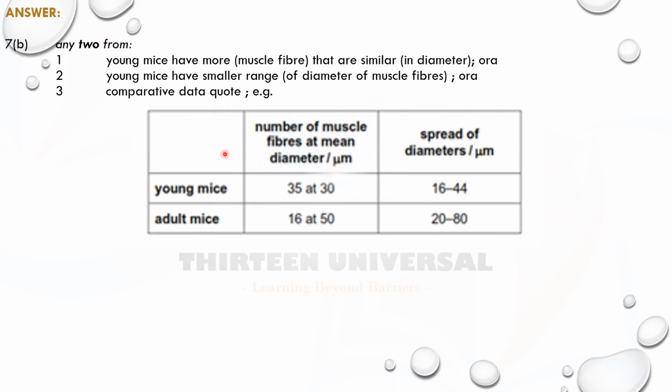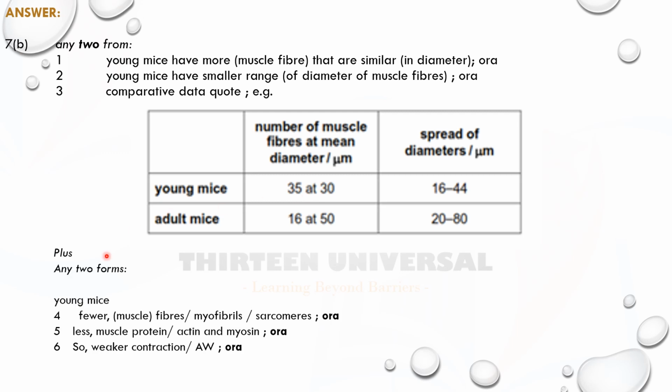So young males, 35 of them, their diameter is 30. Adults, you can see 16 of them, the diameter is 50. See the spread, 16 to 40, 14 to 80. So that is it.